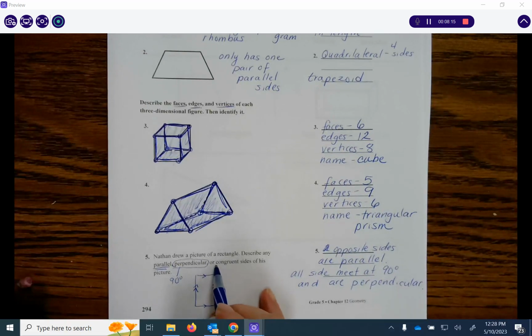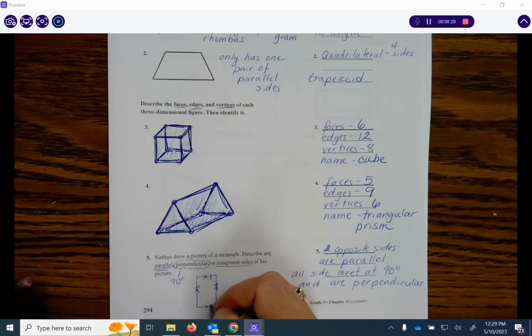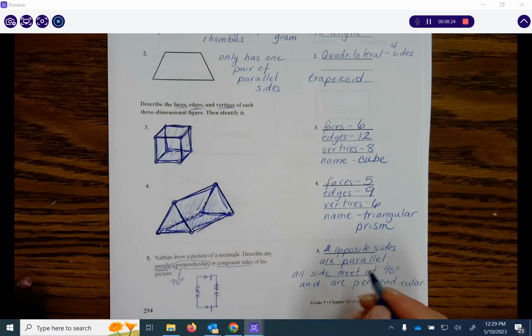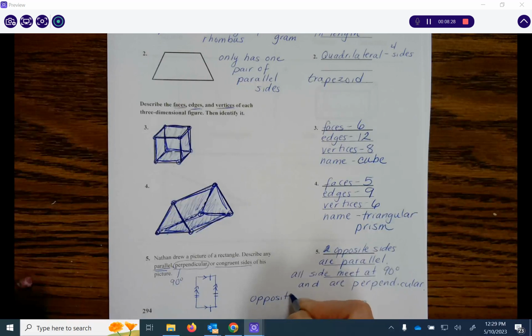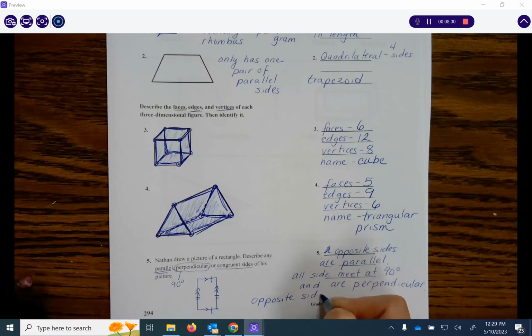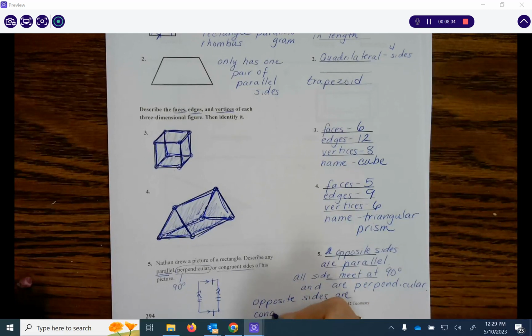And congruent sides, the top is the same length as the bottom, and the left is the same size as the right. So opposite sides are congruent.